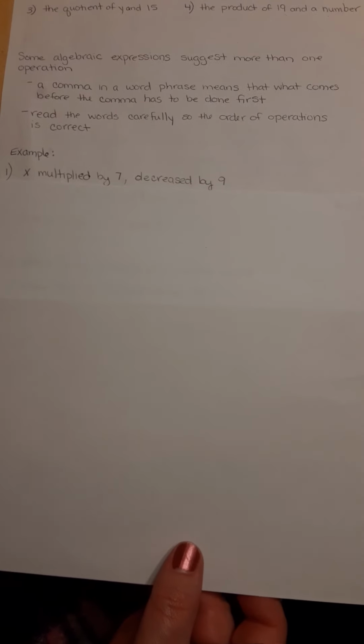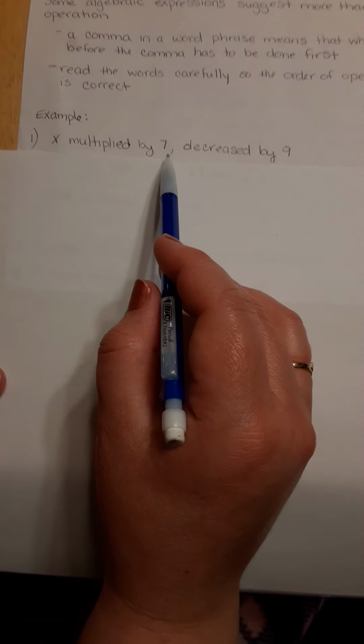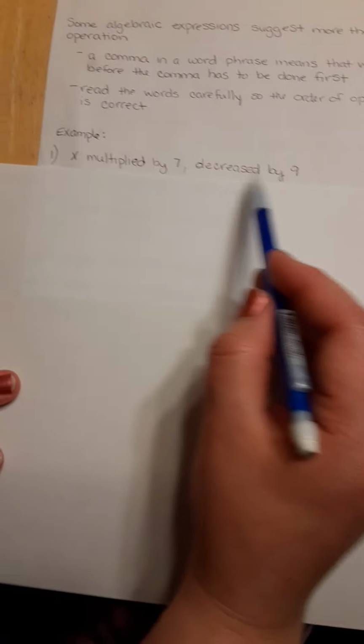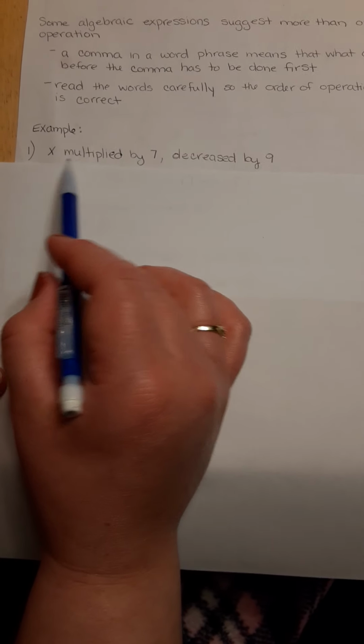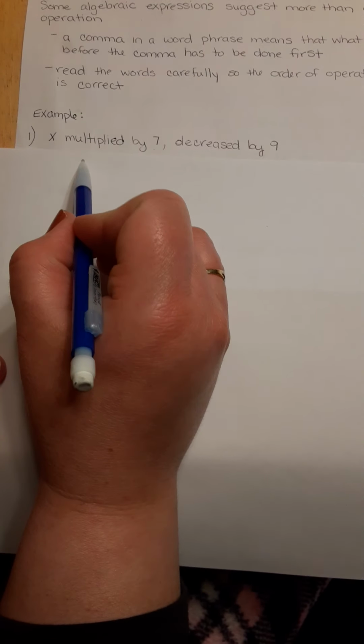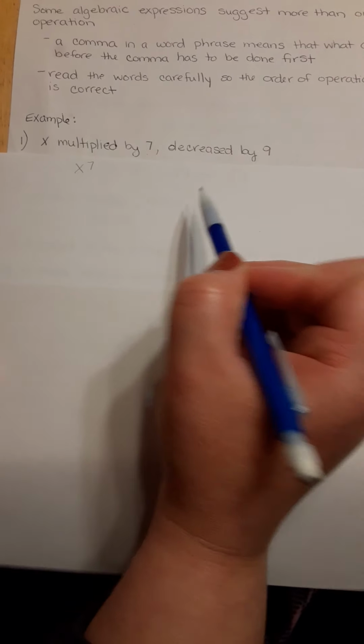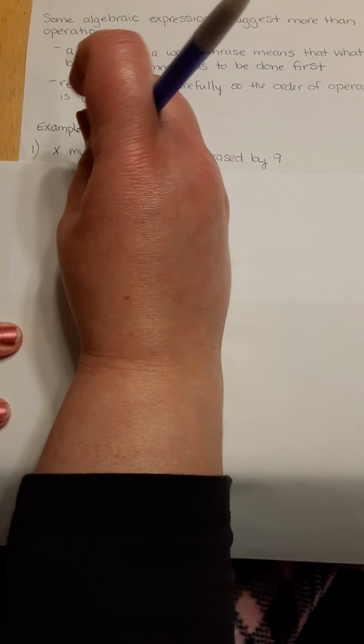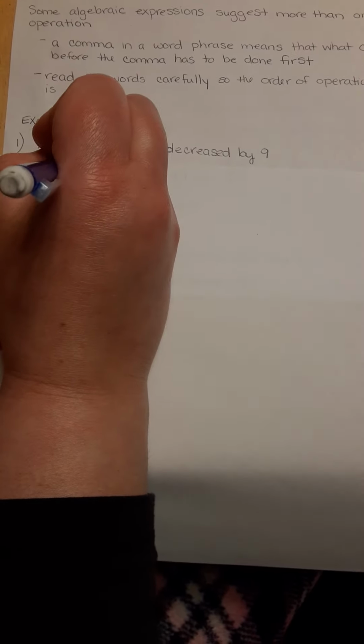The first problem I have is x multiplied by 7, comma, decreased by 9. Let's deal with this first part: x multiplied by 7. Some of you want to simply go x7. Remember, with how we need to arrange things, we need to put our number first, so I'm going to go 7x.